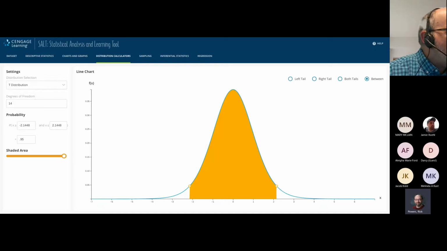Find the critical value of T if we're working with a sample of 20 veterans. We're measuring something about veteran services, and we want a 90% confidence interval for the mean. I want to use SALT to find the critical value of T in this situation.